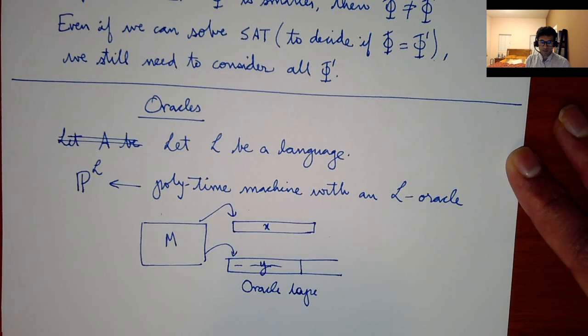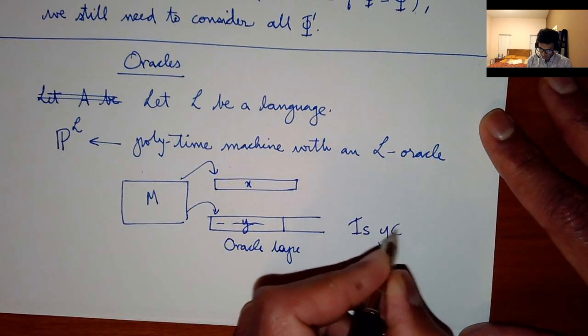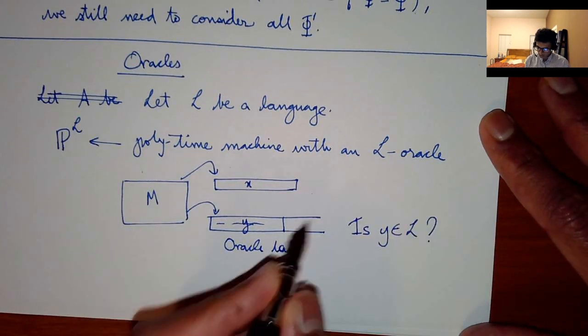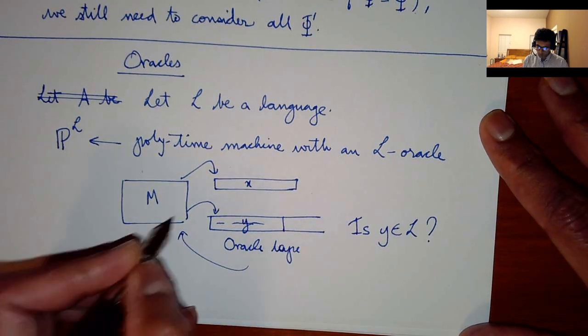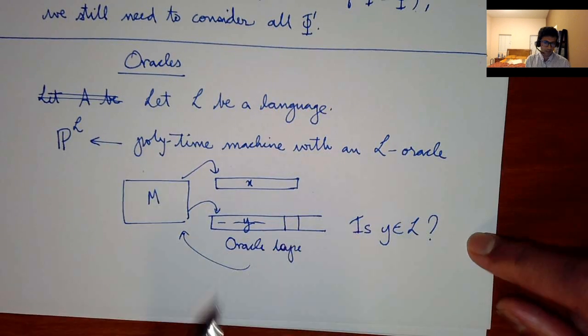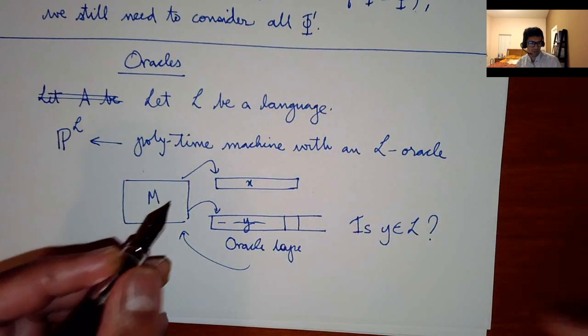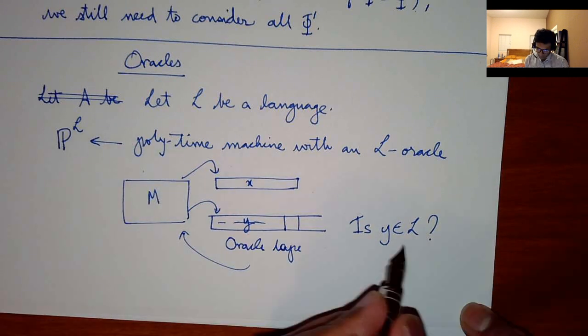Let's say it writes down Y here. And then it can ask, is Y in L? And it's going to get an answer. Then you can use that answer, or you could assume that the answer will get written at the end, or it moves to a separate state. One way to think of it, it moves to another state. Like it can basically ask questions.